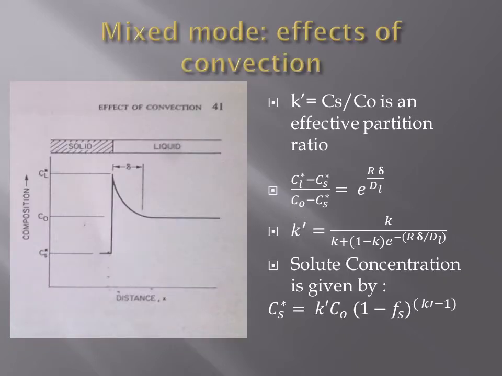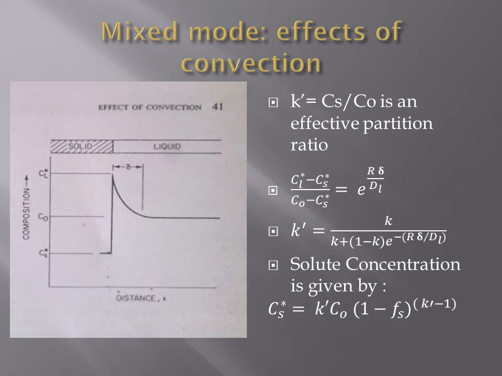Now we will consider effect of convection. A new partition coefficient K prime equal to Cs upon CL is defined here, and solute concentration is given by the following equation: Cl star minus Cs star upon C0 minus Cs star equal to e to the power R delta upon DL. Delta is the boundary layer thickness, that is, concentration in liquid becomes C0 after moving delta distance in liquid from interface.